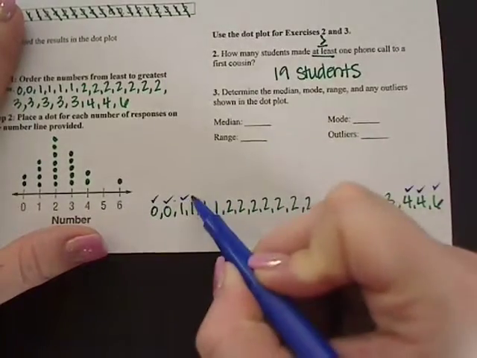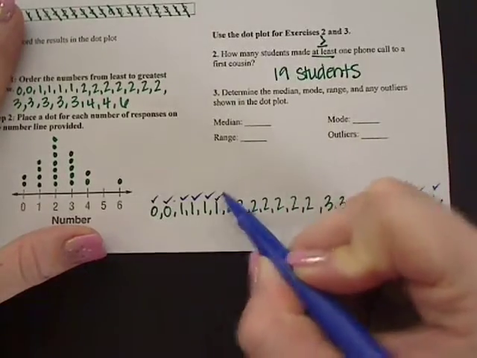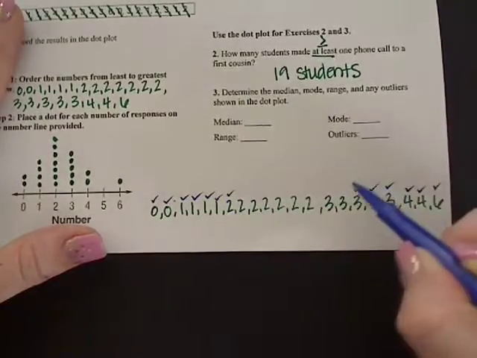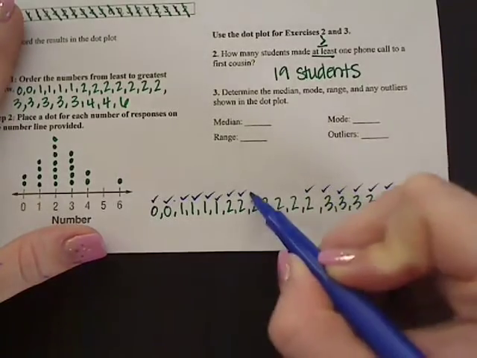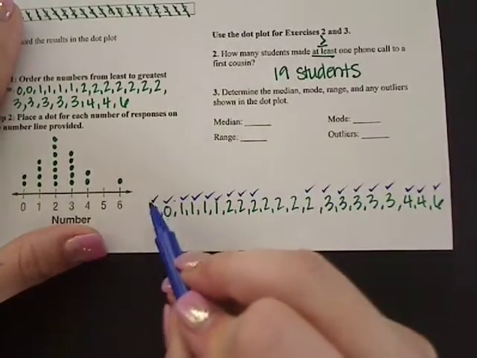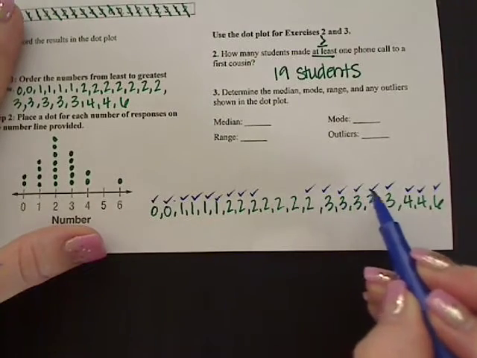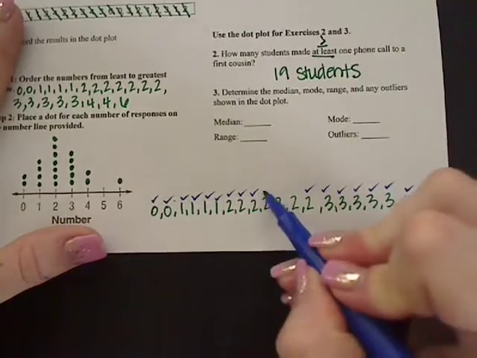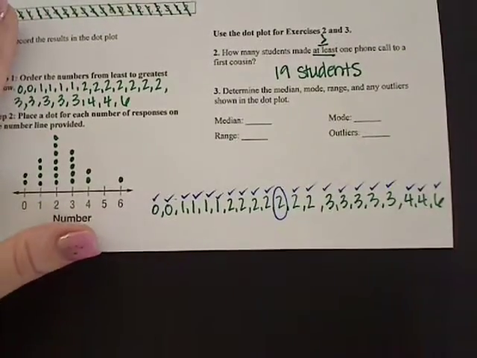I'm going to work my way in. 1, 2, 3, 4, 5, 6, 7, 8, 9. 1, 2, 3, 4, 5, 6, 7, 8, 9. Okay, beginning, end. So it looks like my median is 2.